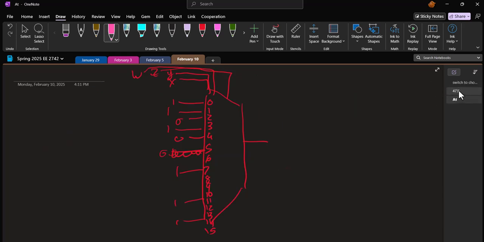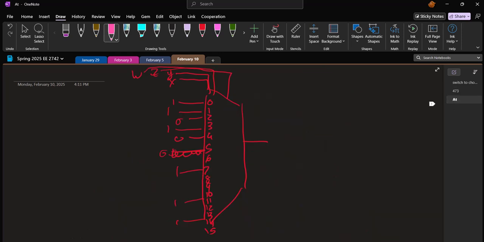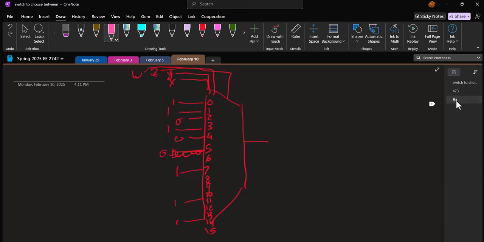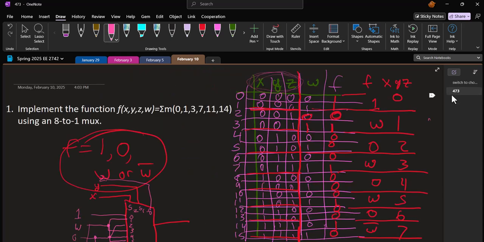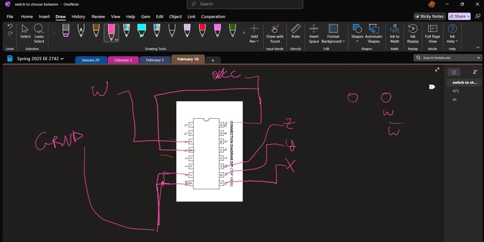Okay? And then we said XYZ is 1 corresponds to W. So our switch that is W goes into input 1. And then XYZ is 2 is 0, so I'll have ground going into input 2.